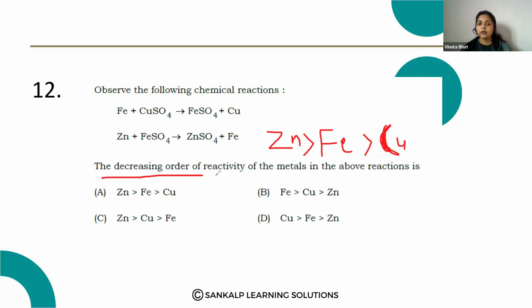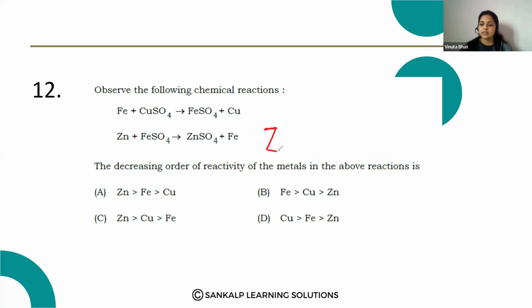The decreasing order of reactivity of the metals in the above reactions means the highest first, then the lowest. Zinc has the highest reactivity compared to these two metals, then iron, then copper.